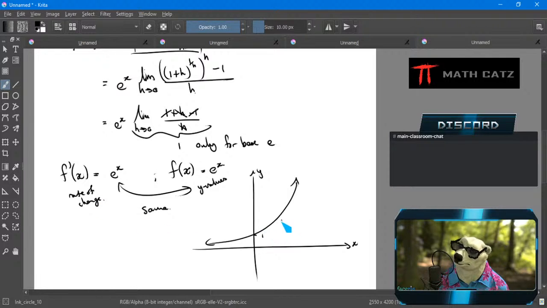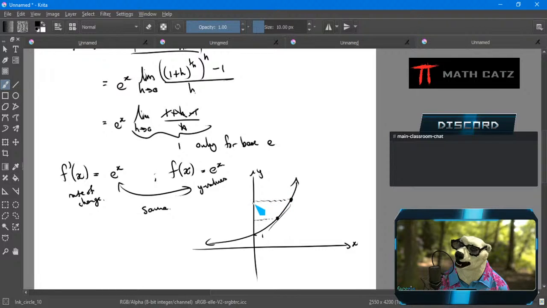So that means wherever I am, if I'm over here, I get a y value. That y value is the same as the slope of the tangent line. So the graph is increasing at a rate that is the y value. So then I go up, right? It's a positive value, so I increase.